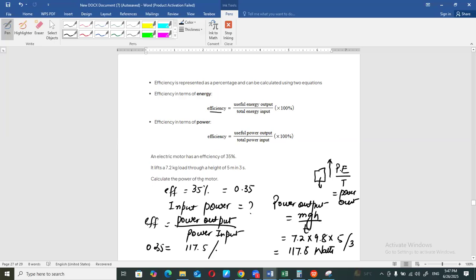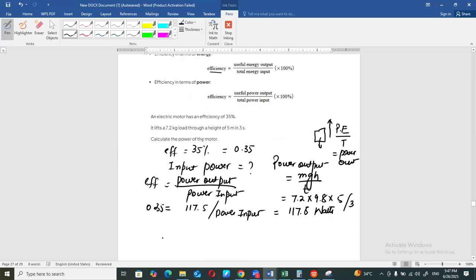Inputted power is unknown, right? So very simple. You simply cross multiply that. So power input is equal to 117.5 divided by 0.35.